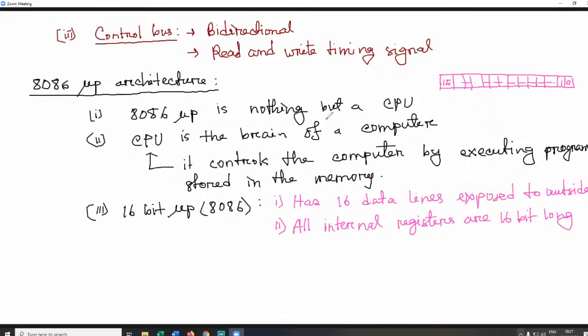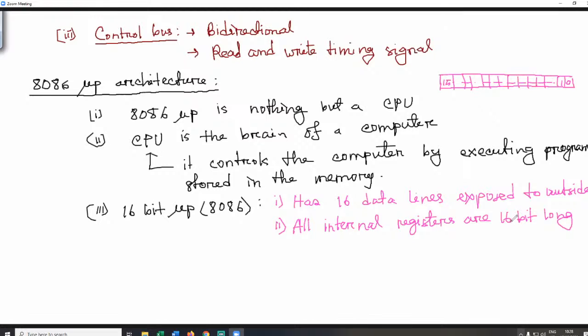I have no idea, but maybe 16-bit is the register. Yeah, all registers are 16-bit, but how many are there? You have the idea that all registers are 16-bit, right? There are 14 registers. We'll discuss that later. Right now remember that all registers are 16-bit. That's why we are calling it a 16-bit processor.